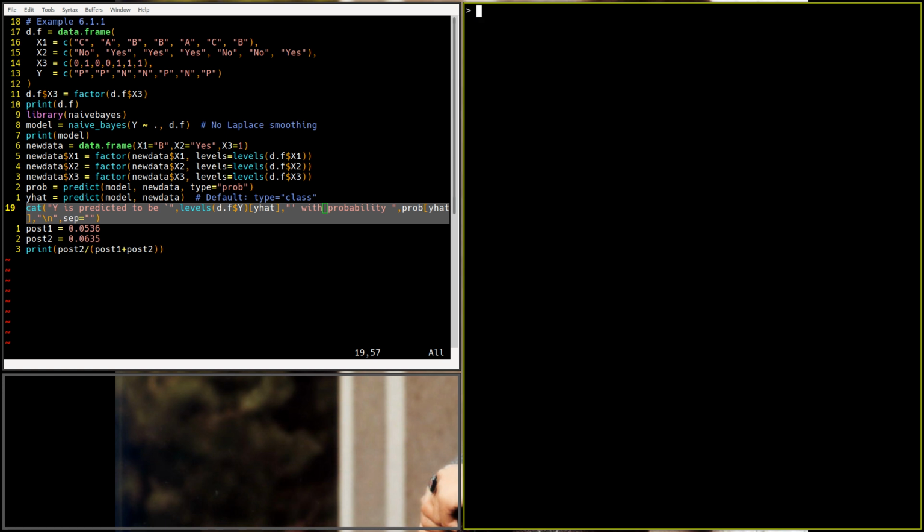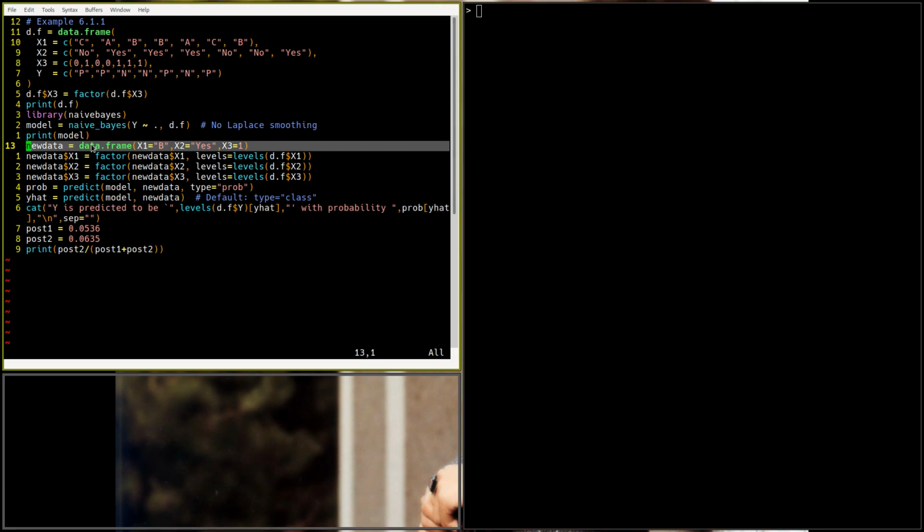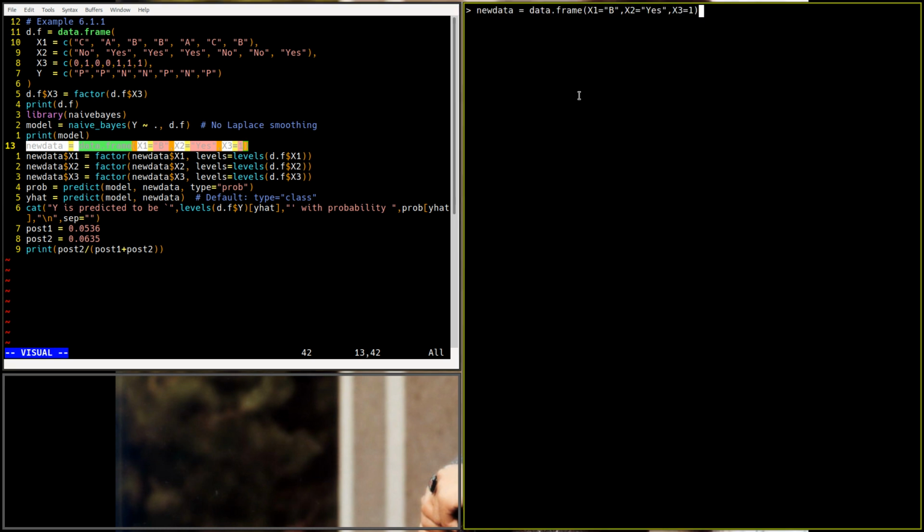Now we want to do the prediction. It's not a simple task, because when we just create a data frame and apply the class function to the new data to check its data type, it tells us it's a factor.